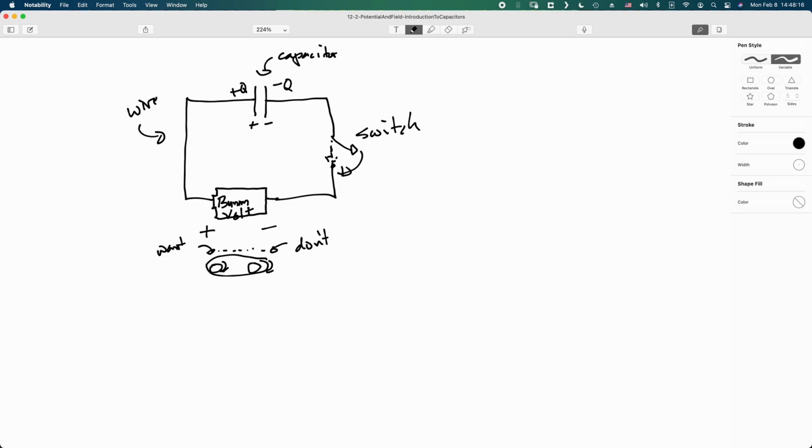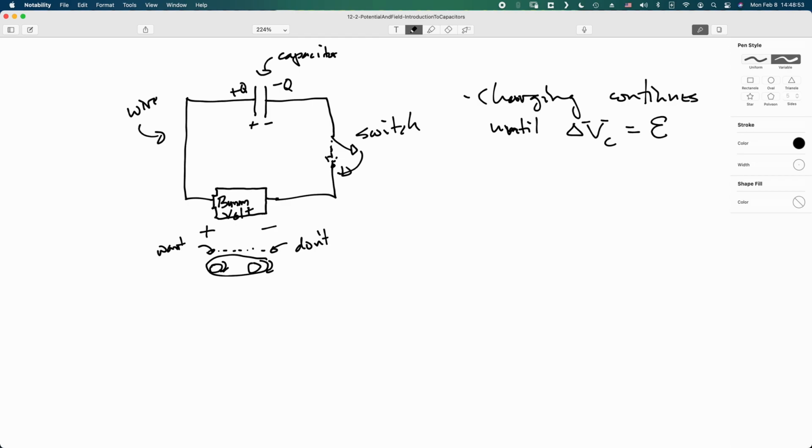And the charging will continue until the voltage across the capacitor equals the battery's EMF, which, remember, EMF was the amount of non-conservative work the battery could do per unit charge, moving charge from where it wants to be to where it doesn't want to be.